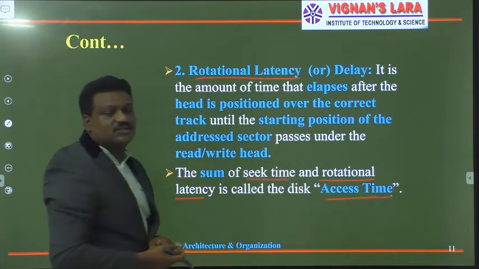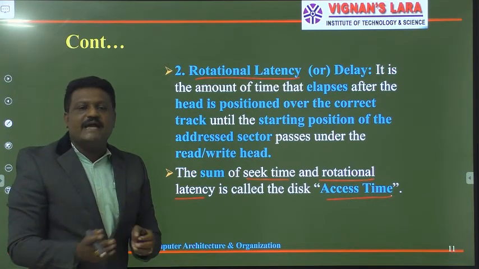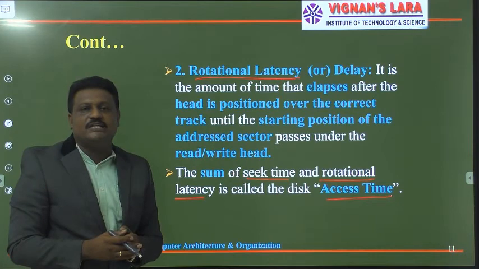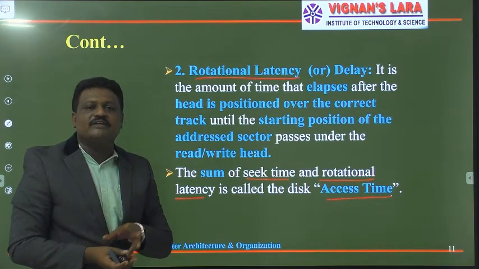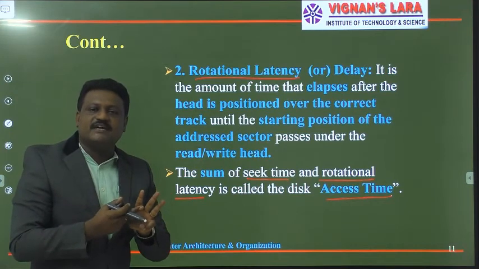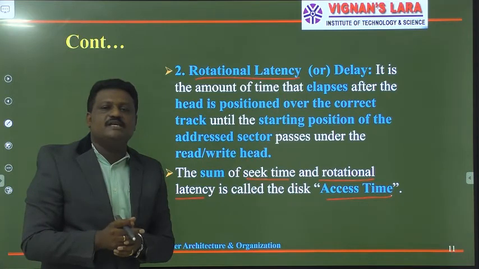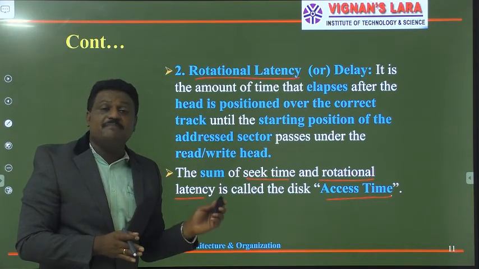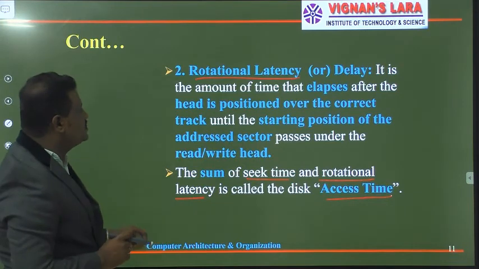This is important to us. The combination of seek time and rotational latency or rotational delay is access time. So here I am talking about three times: one is seek time, second is rotational delay or rotational latency, and third is access time. These time periods are very, very important for disk systems, which you have to remember, friends.